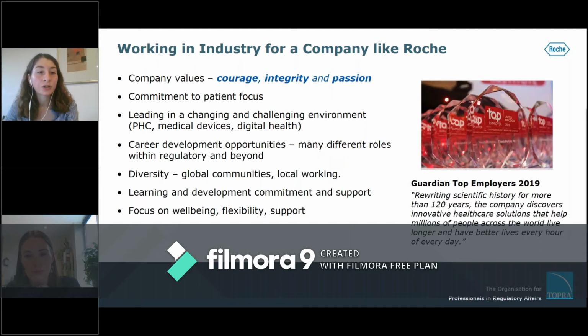And Roche as a company really promotes career development and horizontal movement. So the rotation, which is part of our program, is a great example of how Roche really seeks to develop its employees to their best potential, and not just in the silo of their own functional role.